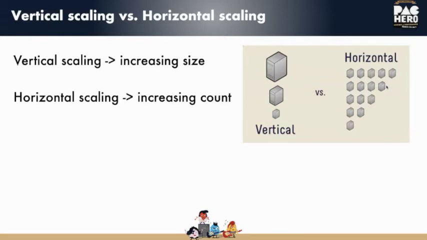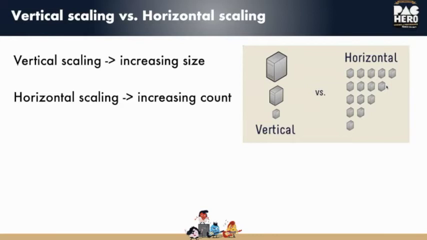The first is vertical, which is scaling in size. Imagine you have a virtual machine or application server which has 4 CPU cores and 16 gigs of memory. Vertical scaling means that you may be decreasing to 2 CPUs and 8 gigs of RAM, or increasing to 8 cores and 46 gigs of RAM.